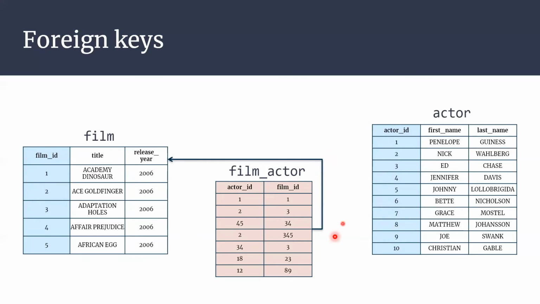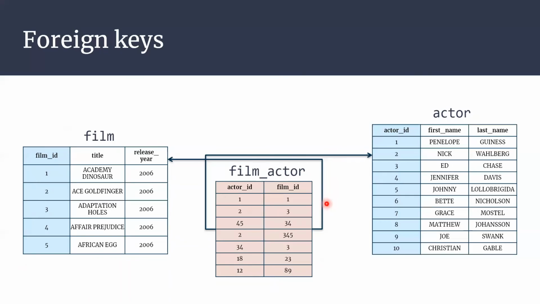So you use the film ID to refer to the film table, and the actor ID references the actor table. So what we can also say is that in this film actor table, the film ID is a foreign key for the film table, because in this table right here, film ID is referring to the film table, and it's this column here.